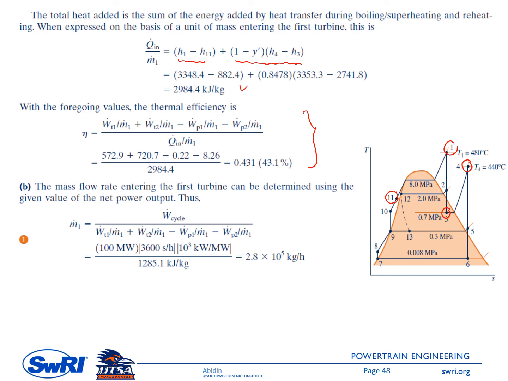It is megawatt, so you need to make sure that all units are comparable. There is one conversion where you need to change from second to hours, and the second is to convert the unit from megawatt to kilowatt. So you will get this number. The mass flow rate is 2.8 times 10 to the power of 5 kilogram per hour.